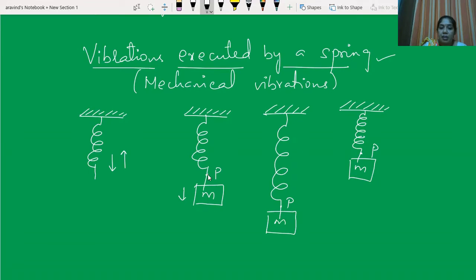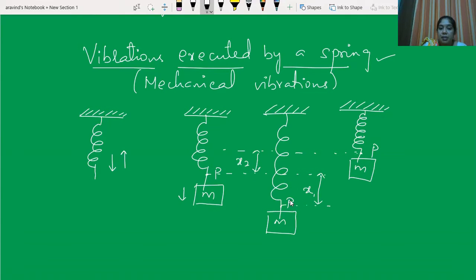So what do I mean by that? In this case, when the spring is expanded, it is expanded by a distance, say x1. And when the same spring is contracted, I can say it is contracted by a distance x2.